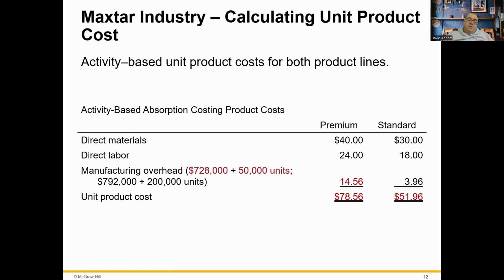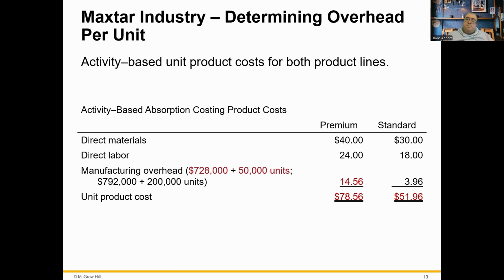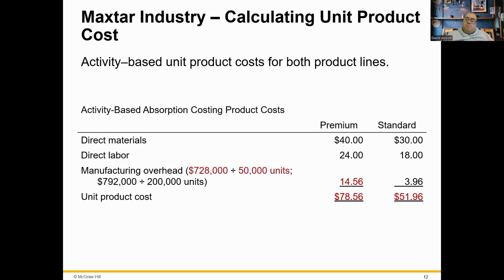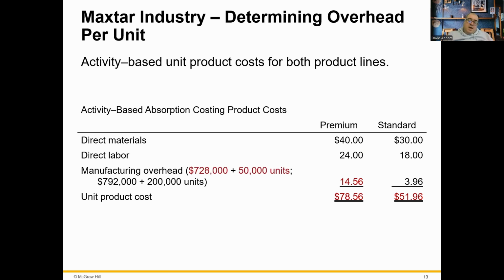So the activity-based unit product cost for each product line is computed as shown. And then the manufacturing overhead per unit for both products is computed by taking the total overhead assigned to that product and then dividing it by the number of products that were produced to figure out the overhead per product.